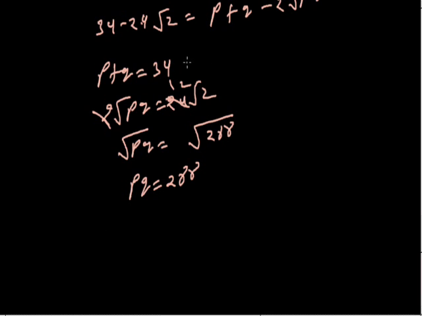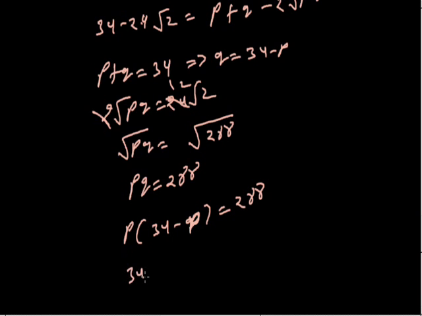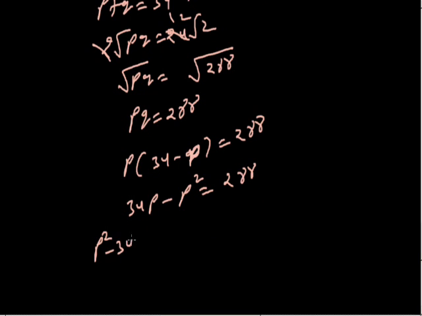From this we can say that q is equal to 34 minus p, and now putting the value of q here, p into 34 minus p is equal to 288. 34p minus p square is equal to 288, or we can say that p square minus 34p plus 288 is equal to 0. The factors of 288, let's say 18 into 16.